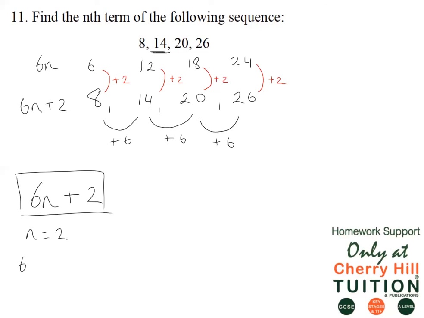So 6 multiplied by 2 plus 2 gives us 12 plus 2, which is 14. So our answer is correct. Again, I need you to pause this video and attempt this question without looking at my working out to see if you get the correct answer.